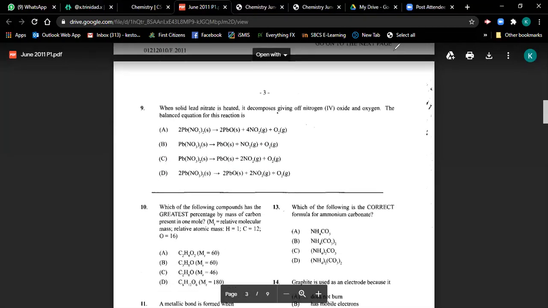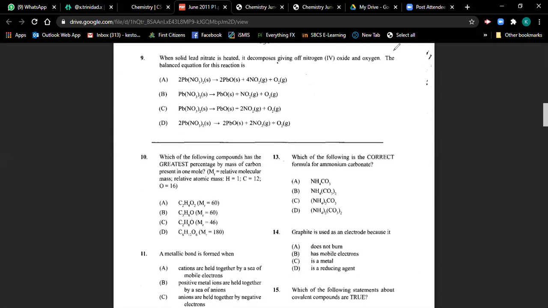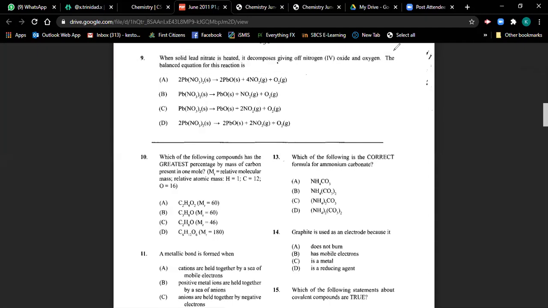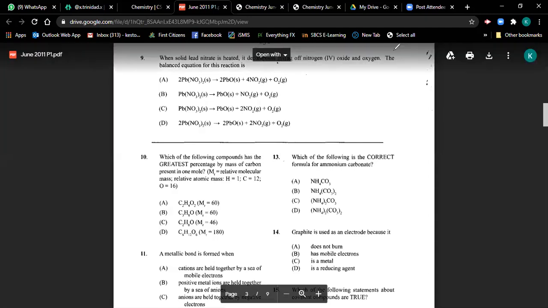10. Which of the following compounds has the greatest percentage by mass of carbon present in 1 mole? These are the Mrs, right? And we're looking for the one that has the most amount of carbon.